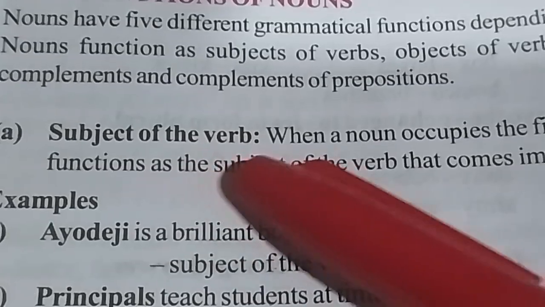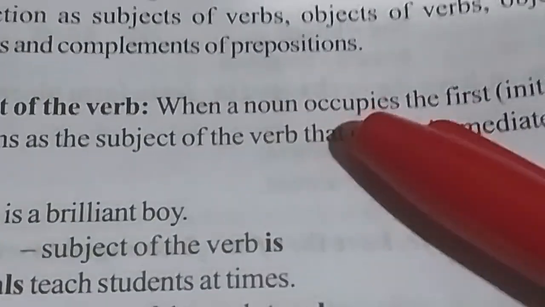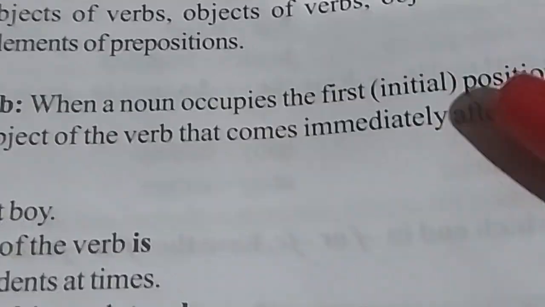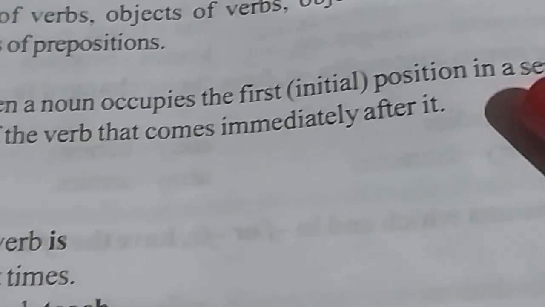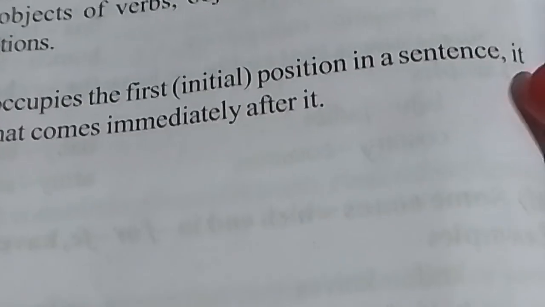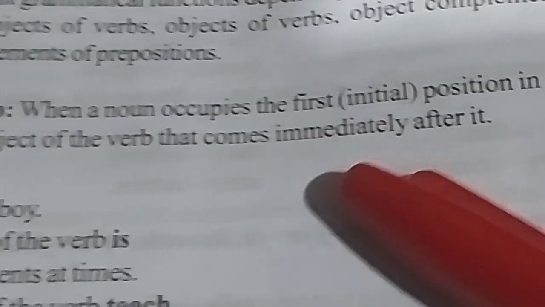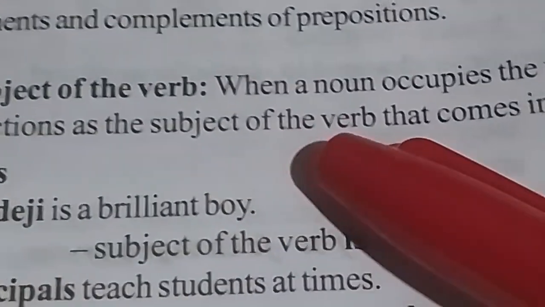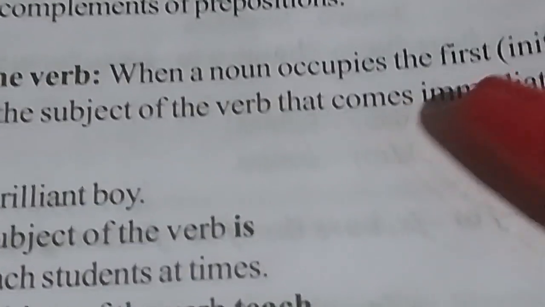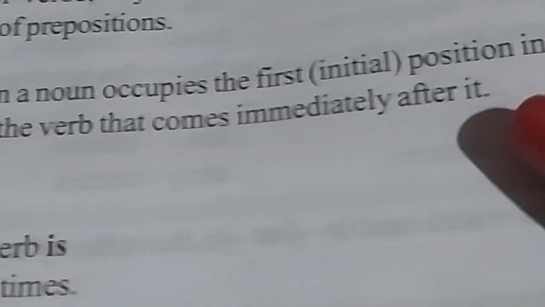A. When a noun occupies the first, initial position in a sentence, it functions as the subject of the verb that comes immediately after it.